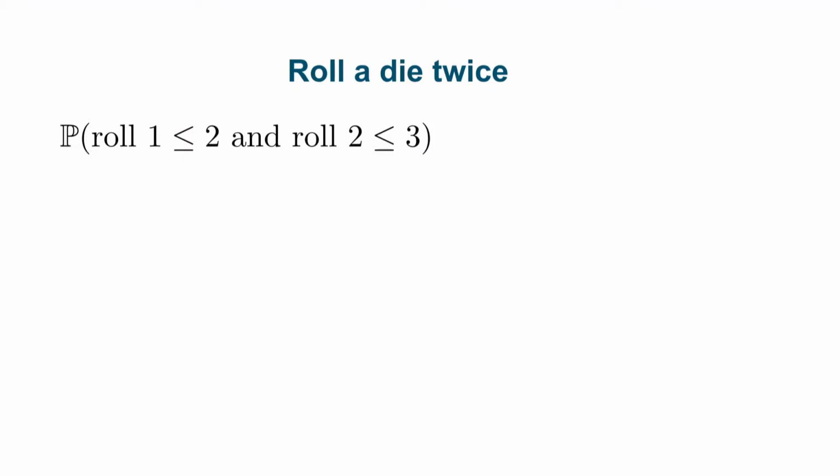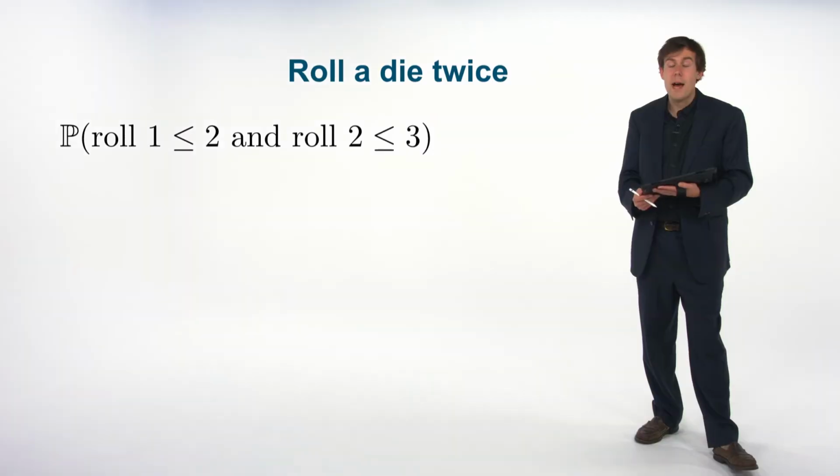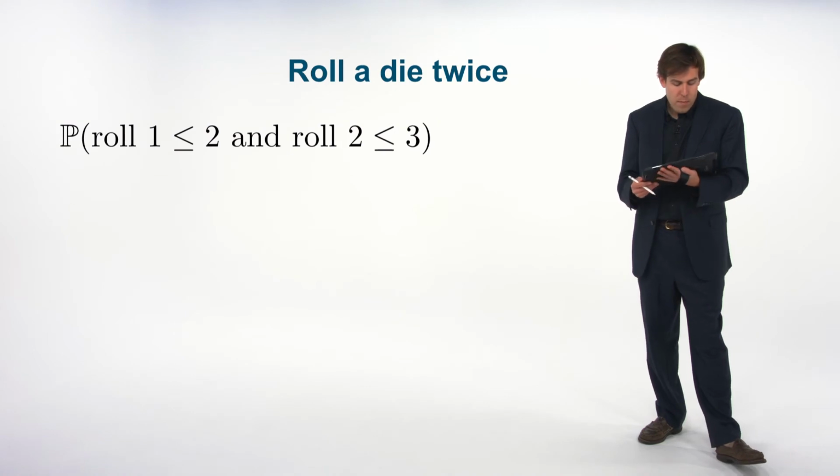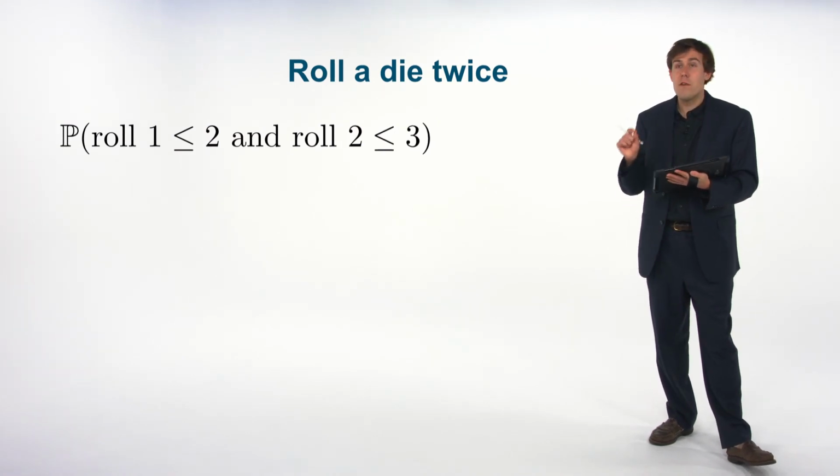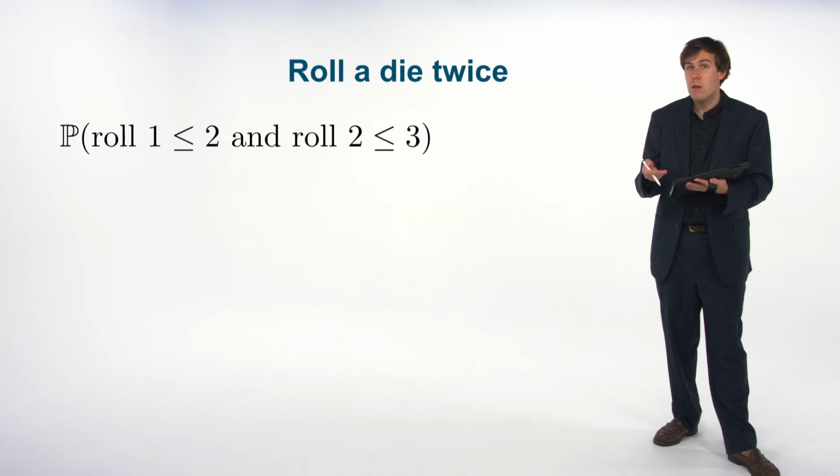Okay, so now let's move on to a different example. We'll look at the example of rolling dice. I'm going to roll a die 2 times. I want to know the probability of getting, on the first roll, less than or equal to 2, and on the second roll, less than or equal to 3.